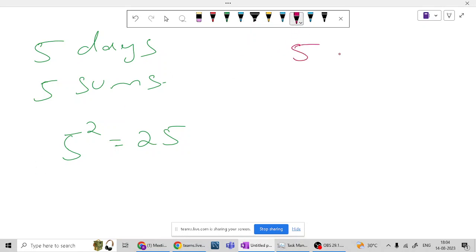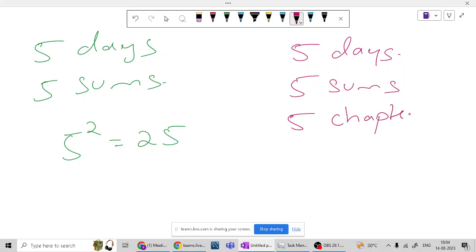Now for cube, just assume 5 days, you solve 5 sums from 5 different chapters. 5 days continuously, from the 1st day till the 5th day, every day you solve 5 sums from 5 different chapters. What will be the total value?